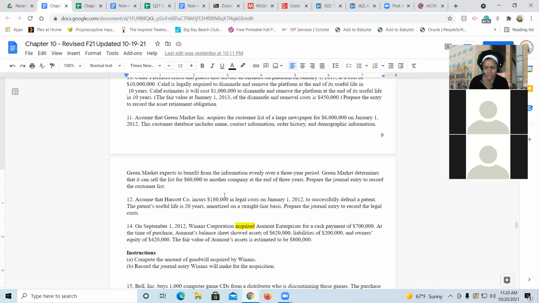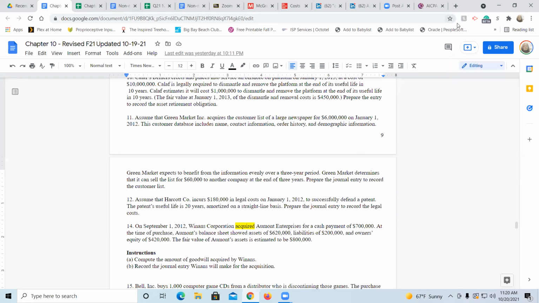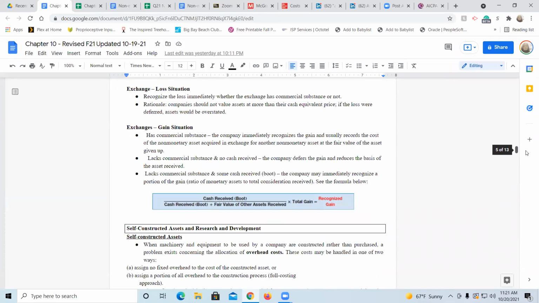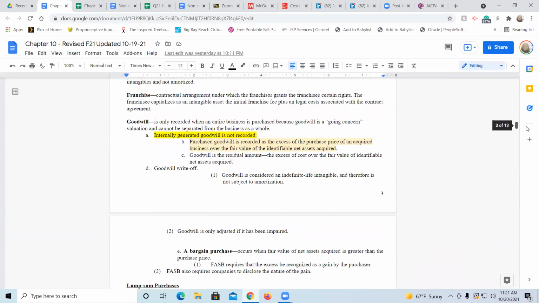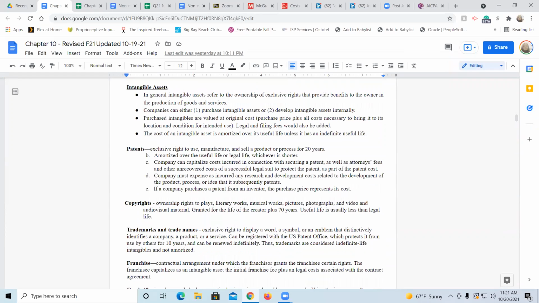legal expense, debit and credit cash, but we have to be careful because if you go back into the theory about patents, you'll find that it actually says for a patent, the company can capitalize costs incurred in connection with securing a patent, as well as attorney's fees and other unrecovered costs of a successful legal suit to protect the patent.